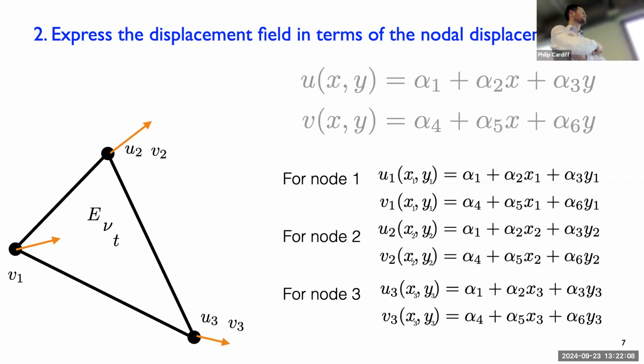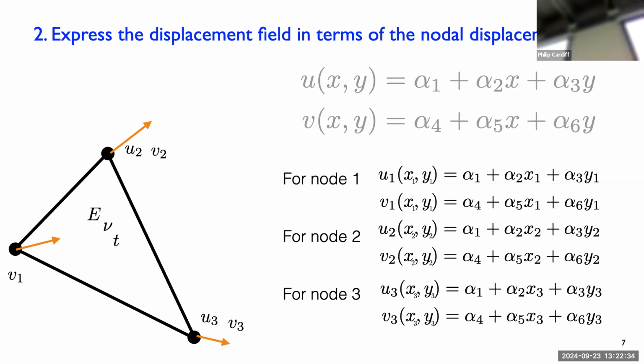Okay, so step 2. Once we have this functional form, how do we calculate these alphas? For each node, we know its XY coordinates. That's a known thing. And then we know that the value at that node must be given by U1, V1 at node 1. The value at X2, Y2 must be U2 and V2. So we have 6 values and 6 unknowns, so we can substitute that in.